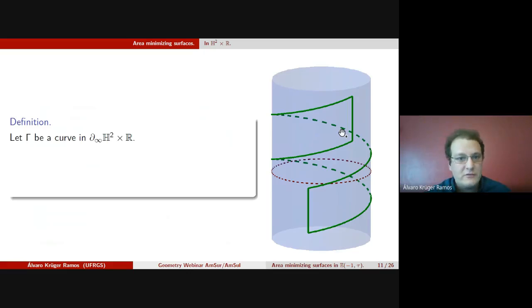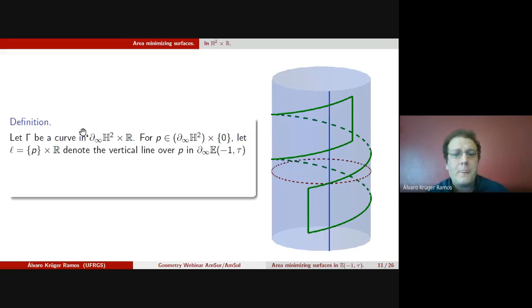And before I give you the main theorem in H2 cross R for this kind of curves, I need some definitions. So take a curve in the boundary of H2 cross R, and you take any point on this boundary of H2 cross 0, and you consider this vertical line over this point.